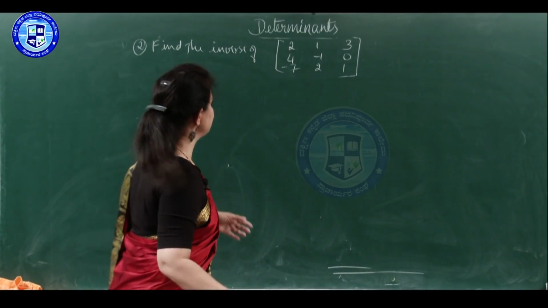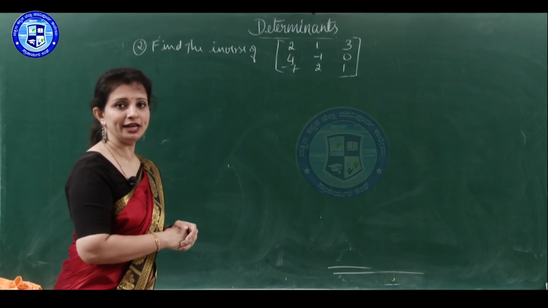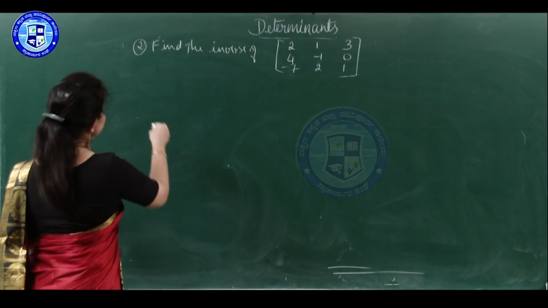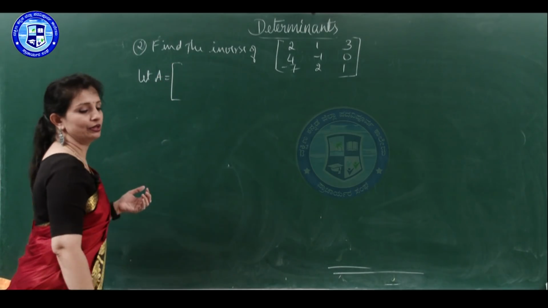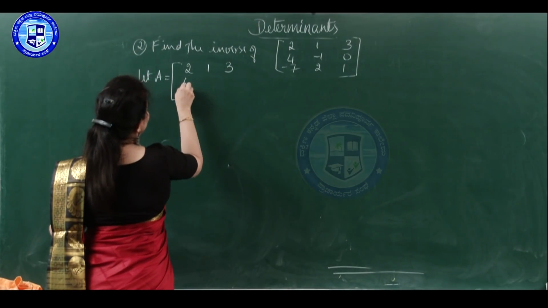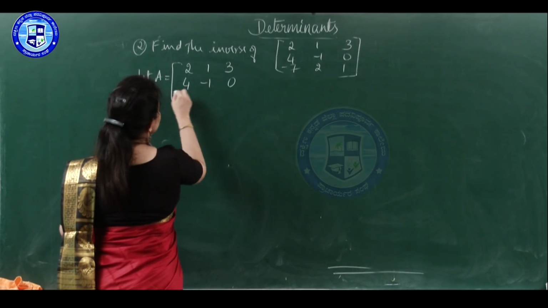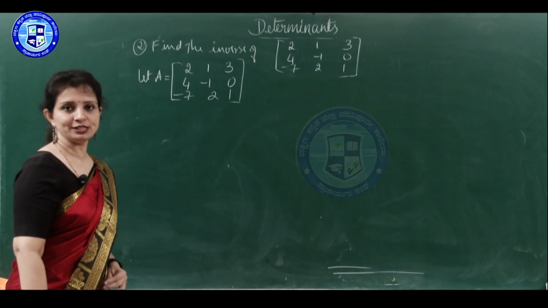Look at that, it is a square matrix of order 3. You are asked to find the inverse of it. So let A be the given square matrix. So it is 2 1 3, 4 -1 0, -7 2 1. Given square matrix, we will assume it as A.